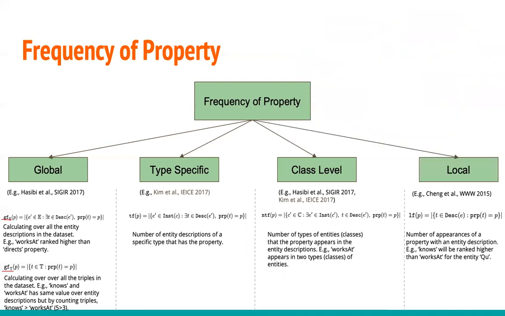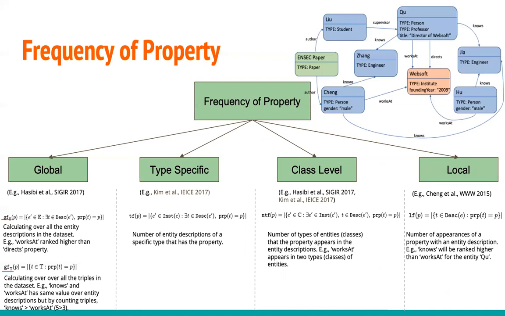And then we can always count the frequency of a property locally to each entity. If we look at the example again, we take 2 properties, knows and works at, and knows will be ranked higher than works at because knows appears more than works at.